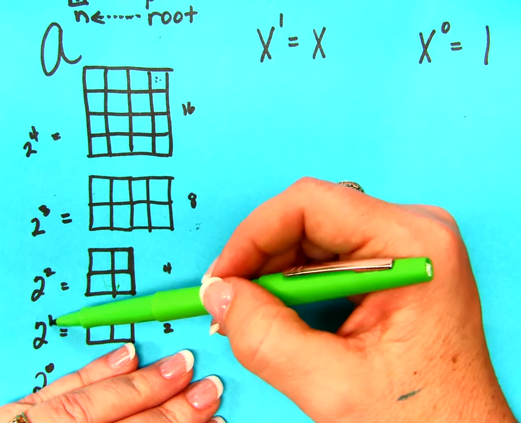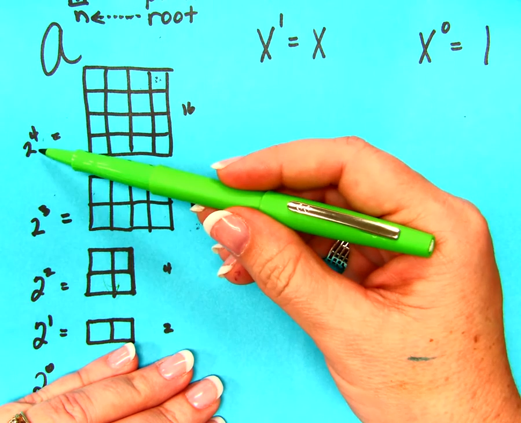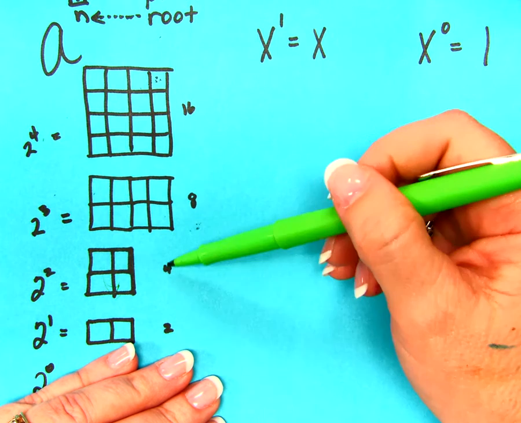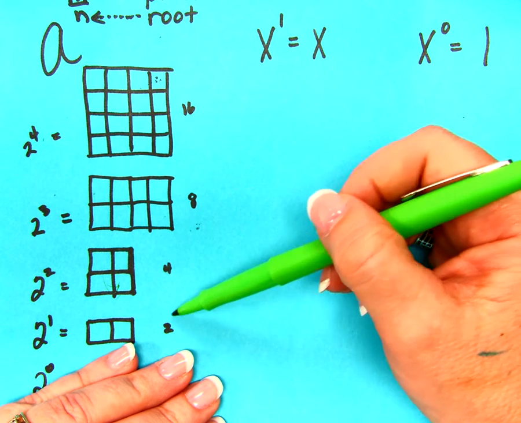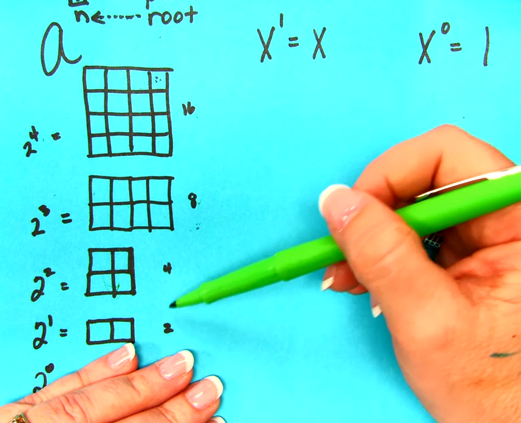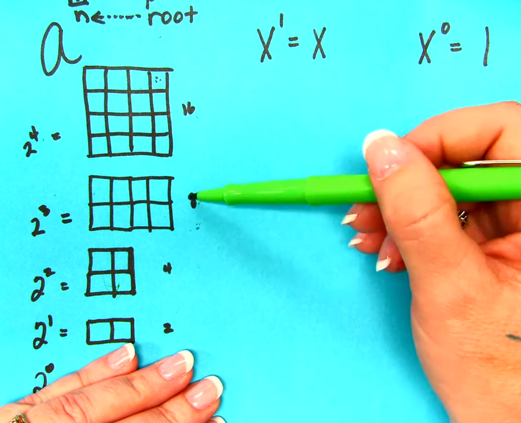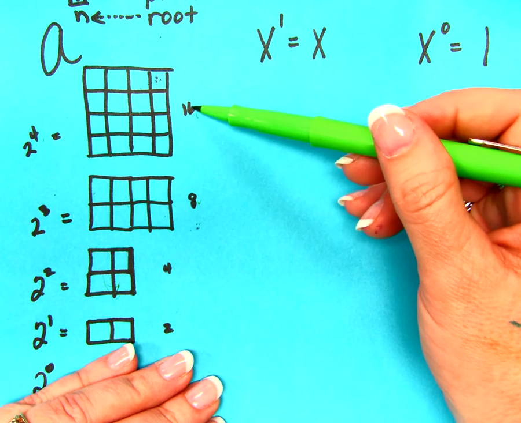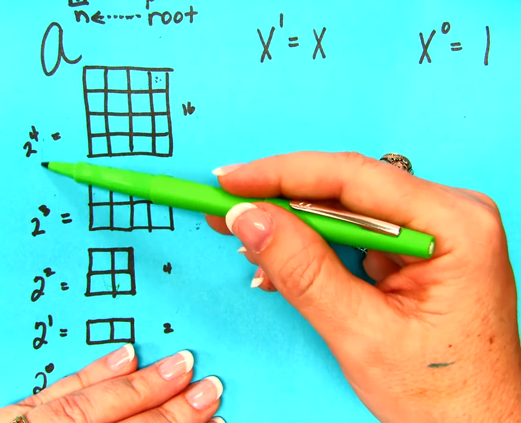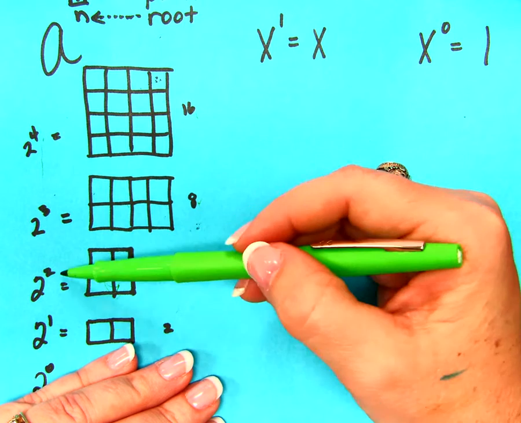And I said if you're going up this list, the exponents are increasing by 1. And if you're going up the area model, they're doubling every time, right? From 2 to 4, that's double. From 4 to 8, that's double. From 8 to 16, that's double. So I said, what if we decrease? What if we're going this direction? 4, 3, 2, 1.